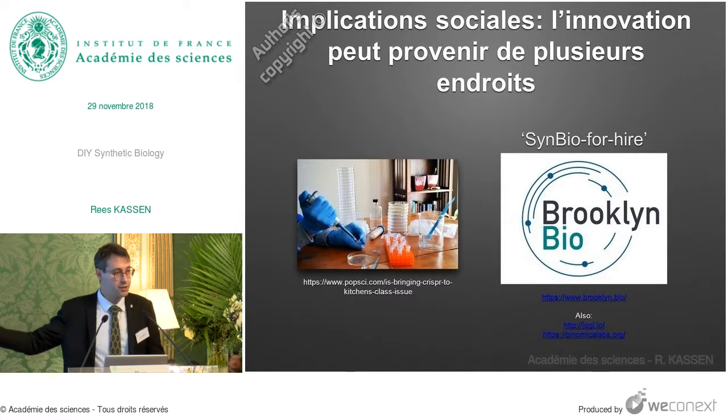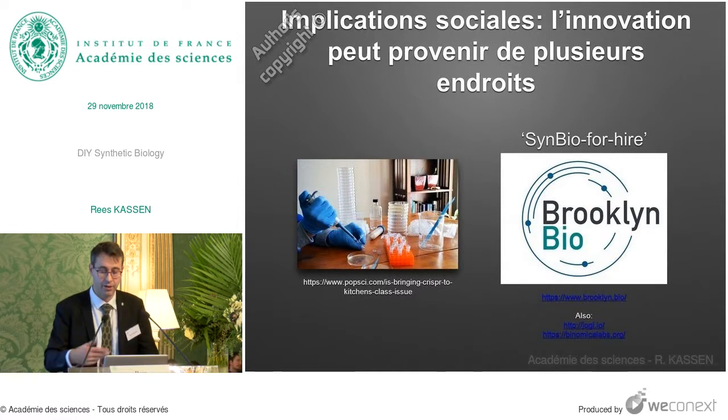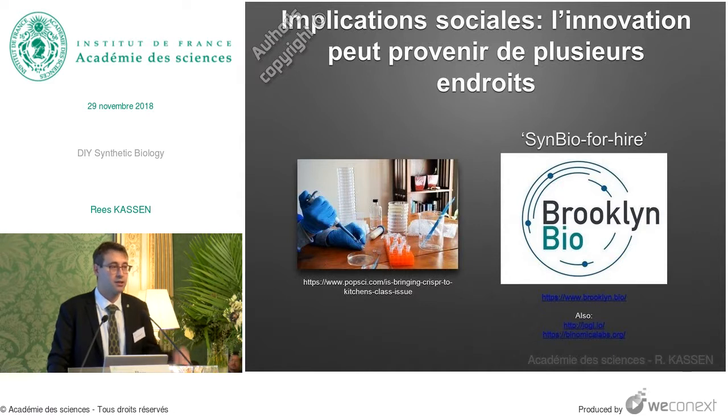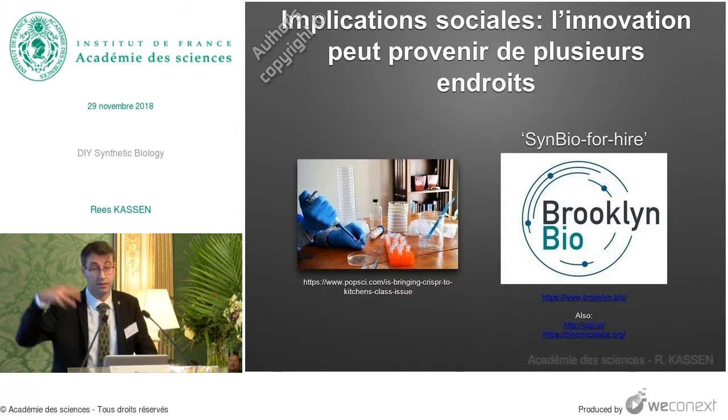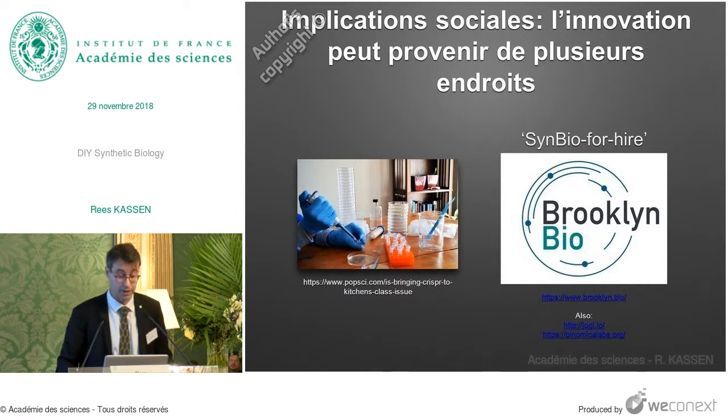From somebody's kitchen, and increasingly we're seeing the generation of startup companies, basically synthetic biology for hire. So you have an idea, you'd like to have a genuinely blue rose, and you say, I've got some money, I'm going to hire you, please do this for me. And they work it out, with whatever techniques and tools they have at their disposal. Here's one example, and you can see some others at the bottom.